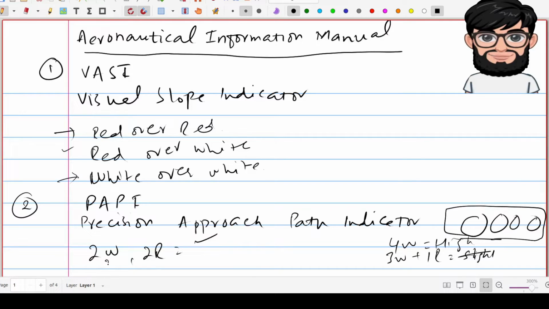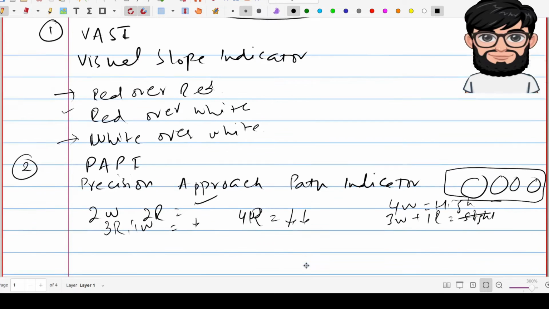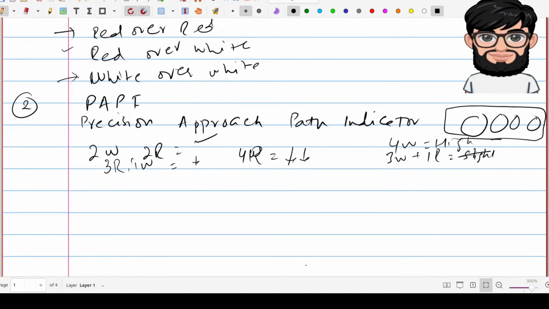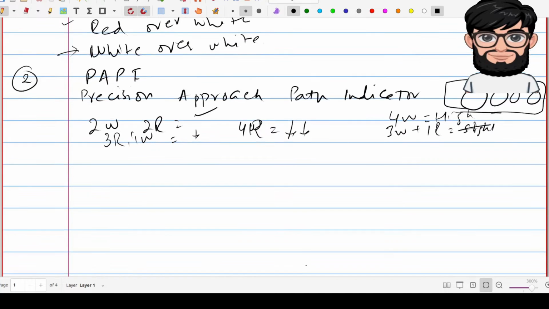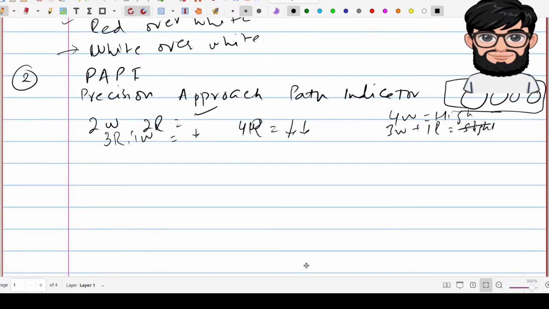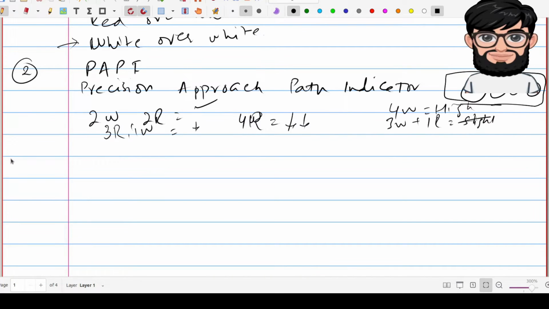If you have 3 red and 1 white, that would mean that you are slightly low. And if it is all 4 red, that would mean that you are very low. On glide path actually means you are at 2.5 degrees, where it is expecting you to be.